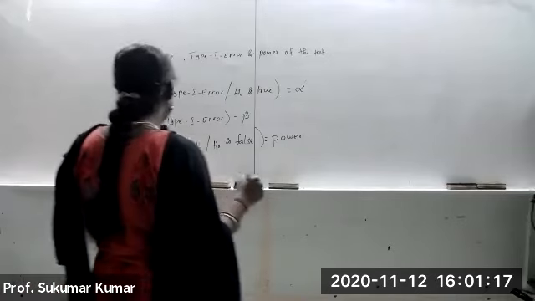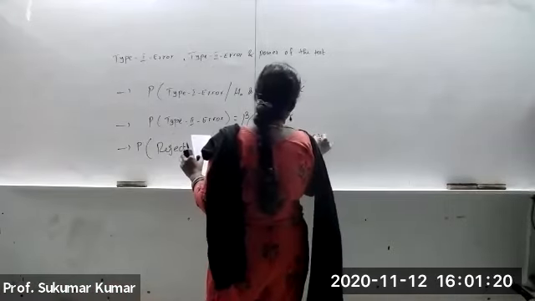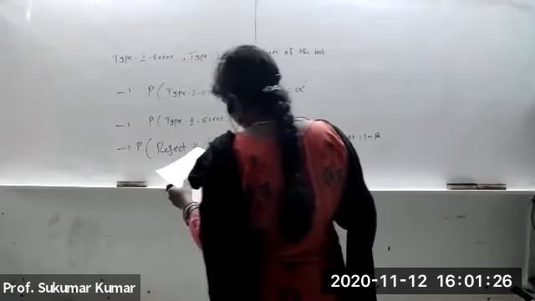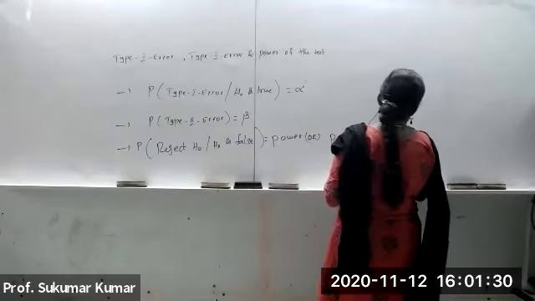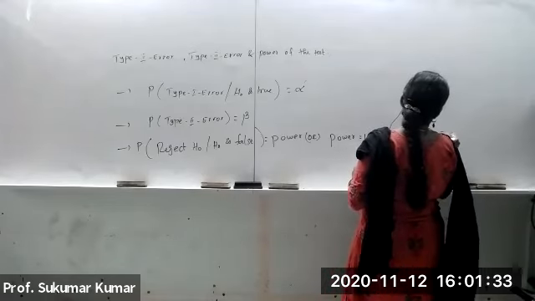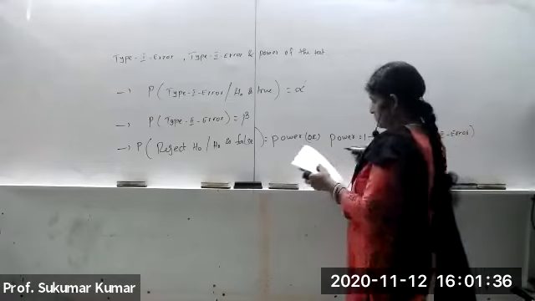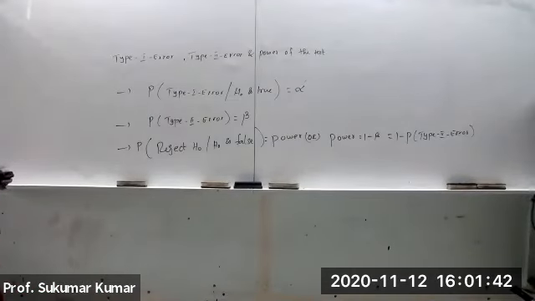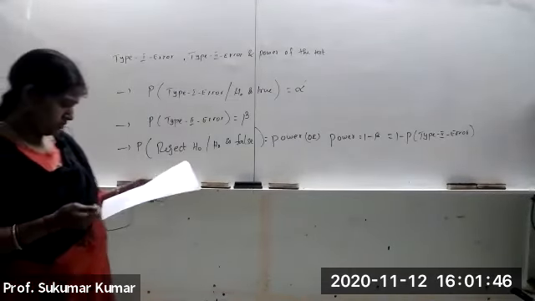It is the power of the test, or in other words, power is equal to 1 minus beta, that is, 1 minus P of type 2 error.